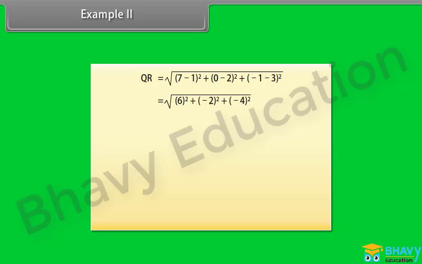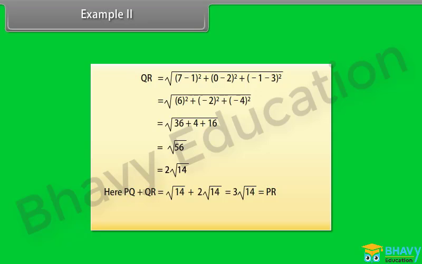After calculating QR, we get 2 times the square root of 14. Here, PQ + QR is equal to the square root of 14 plus 2 times the square root of 14, which is equal to 3 times the square root of 14, which is equal to PR. Hence, the points (-2, 3, 5), (1, 2, 3) and (7, 0, -1) are collinear.